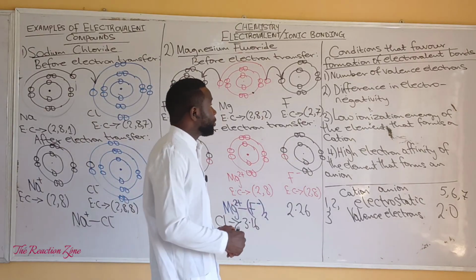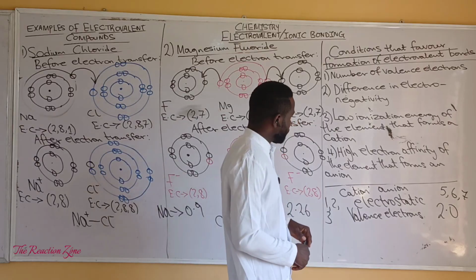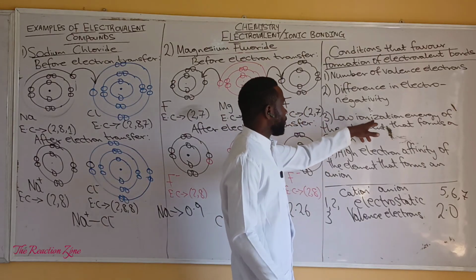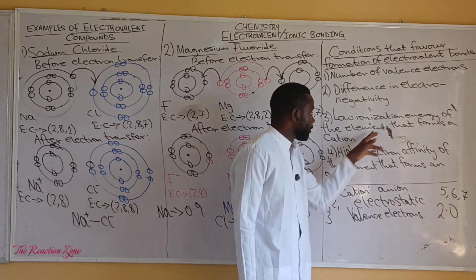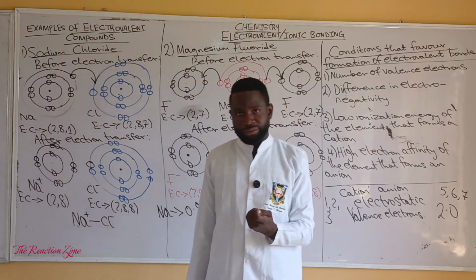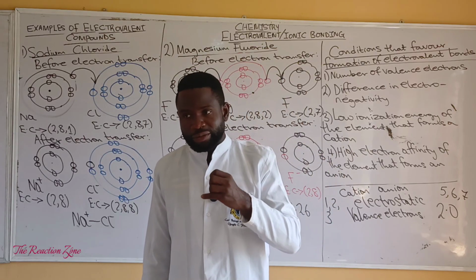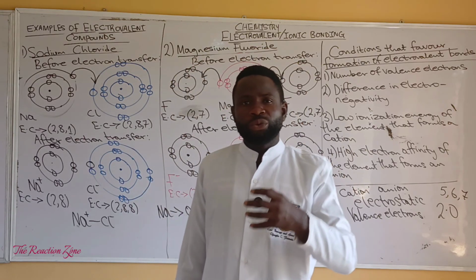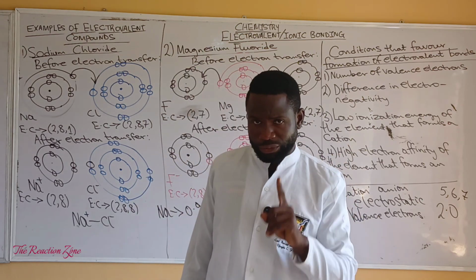The third condition that favors the formation of electrovalent bonds is low ionization energy of the element that forms a cation. Ionization energy refers to the energy that is required to remove an electron from one mole of an atom.